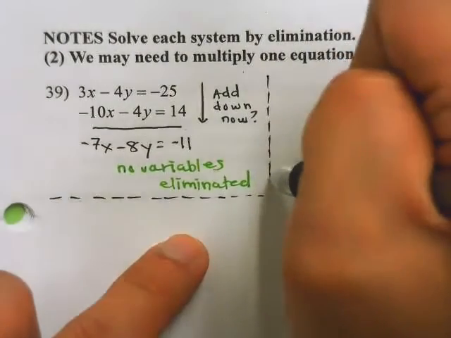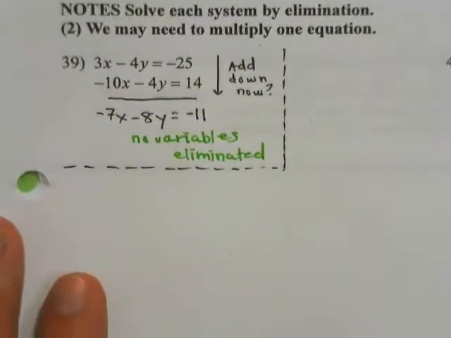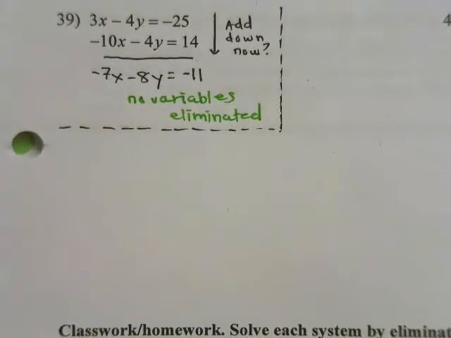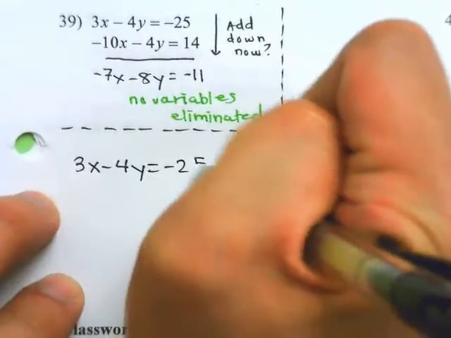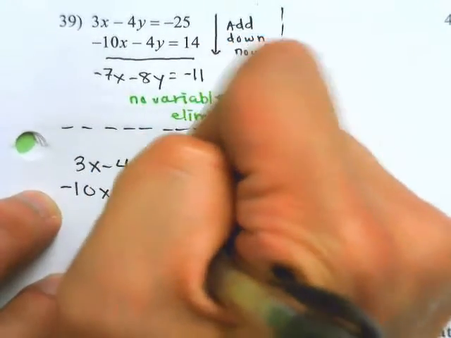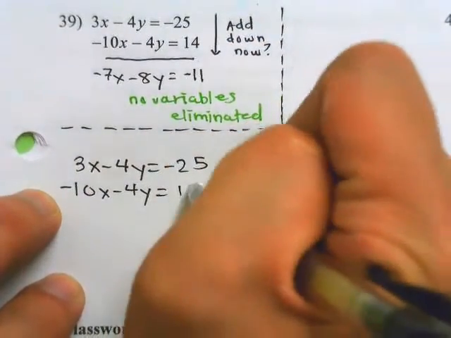Like I said, I think we're going to encroach some space on number 40. Number 39 might be the longest one today. Okay, let's go ahead and rewrite the equation. 3x minus 4y equals negative 25. Negative 10x minus 4y is equal to 14.